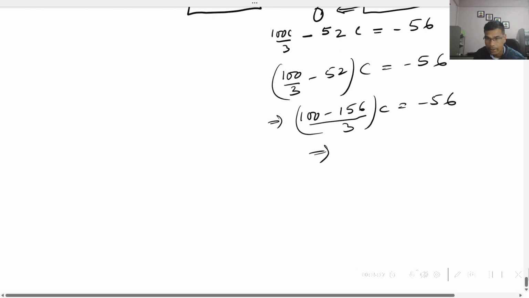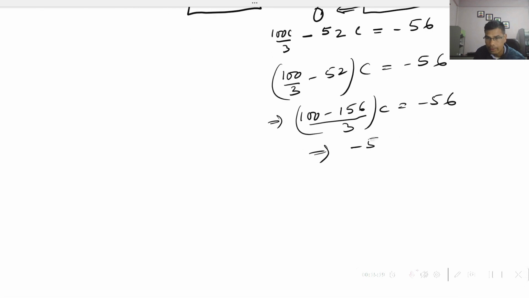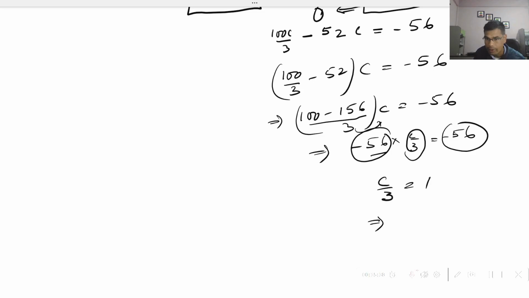So this is minus 56 into c by 3, equal to minus 56. Since this into this equals the same value, that means c by 3 is equal to 1, which implies c is equal to 3.